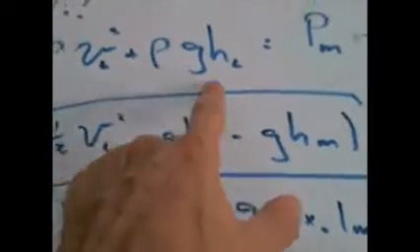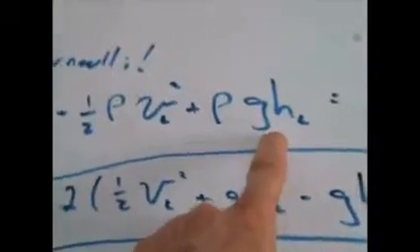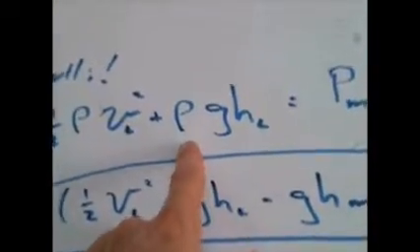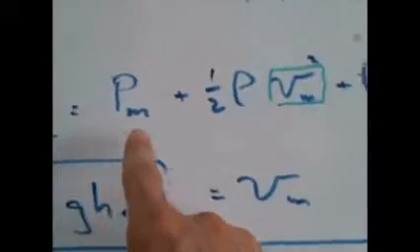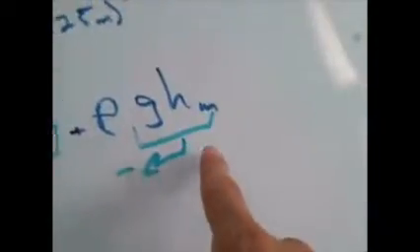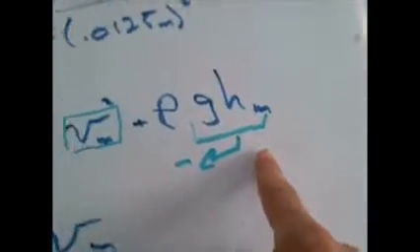So what Bernoulli tells us is, hey, the pressure in any one location plus the fluid version of kinetic energy in any one location, which is 1/2 rho v squared, plus the potential energy Bernoulli fluid version, which is rho gh instead of mgh, is going to be the same as those same three terms anywhere else.